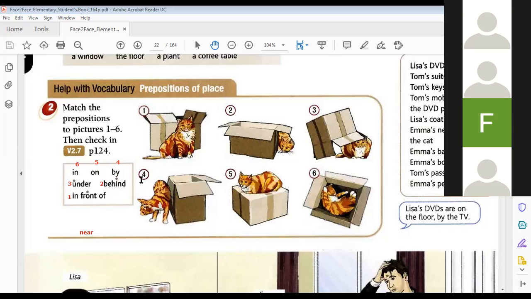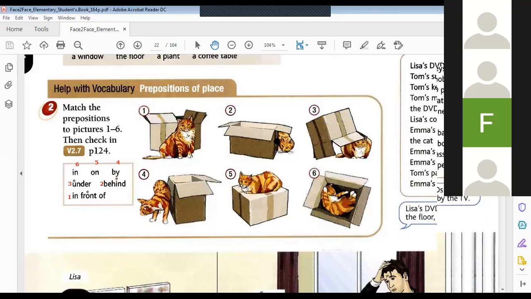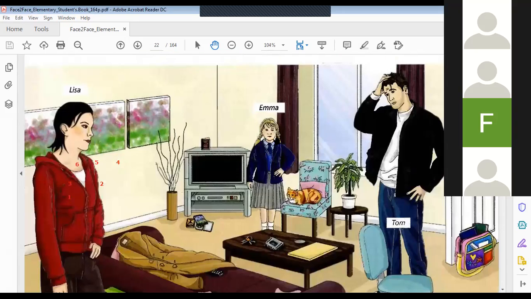So in number 4 we cannot say near, because it's by, touching, adjacent. But if it's a little farther away, we can say near. Okay, so these are some examples of prepositions of place. Prepositions, of course, means prepositions. Place is for location. This is the idea. All right, now let's check exercise number 3.